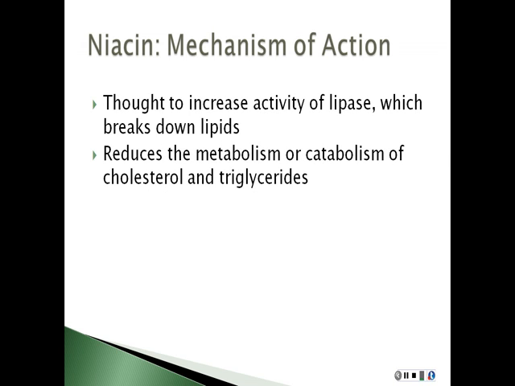So the mechanism is not exactly known, but it's thought to increase activity of lipase, which breaks down the lipids, and then reduces the metabolism and catabolism of cholesterol and triglycerides. It decreases LDLs by about 10 to 20%, and then triglyceride levels 30 to 70%, and then increases HDL from 20 to 35%.